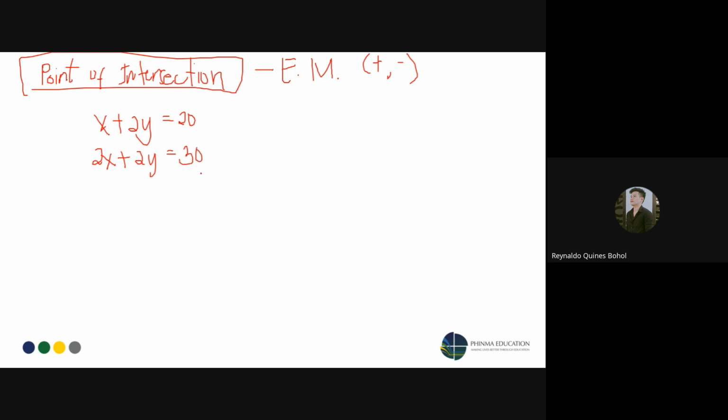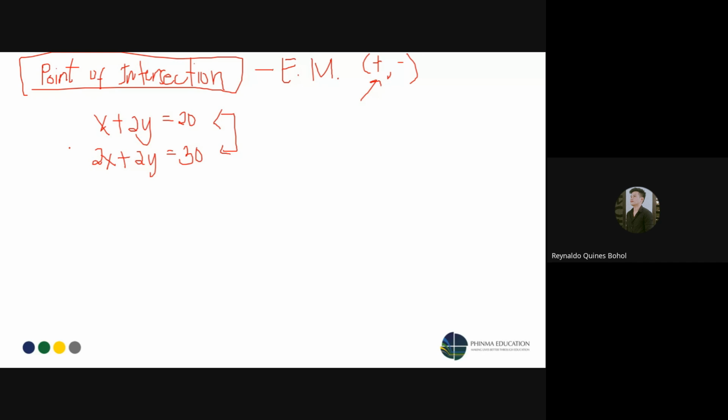Yun yung dalawang equation natin. Kung titignan mo, ano yung pinaka-best na operation na gamitin natin para ma-eliminate yung isang variable dito? What is our best operation para ma-eliminate yung isang variable at may matitirang isang variable pa? Is it plus or minus?